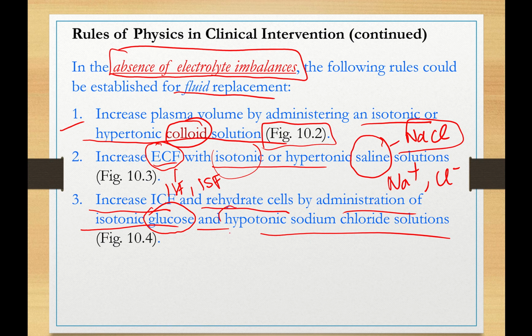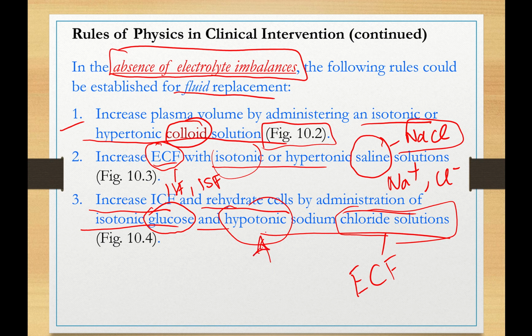Also, why hypotonic sodium chloride? Why hypotonic? Of course, sodium chloride will remain in the blood, right? Or in the extracellular fluid. But since it is hypotonic, its concentration is much lower than the intracellular, right? And therefore water will be transported or will diffuse by osmosis inside the cell.